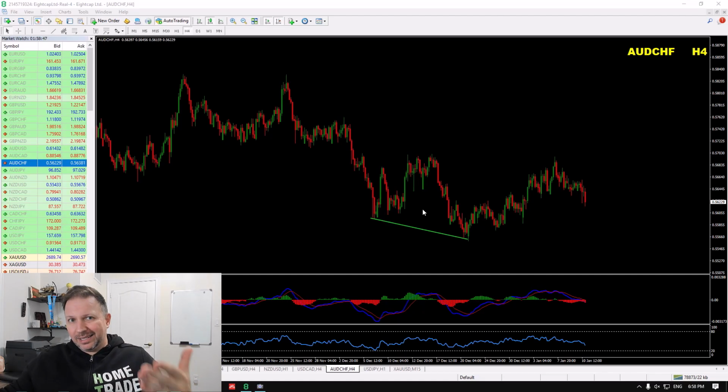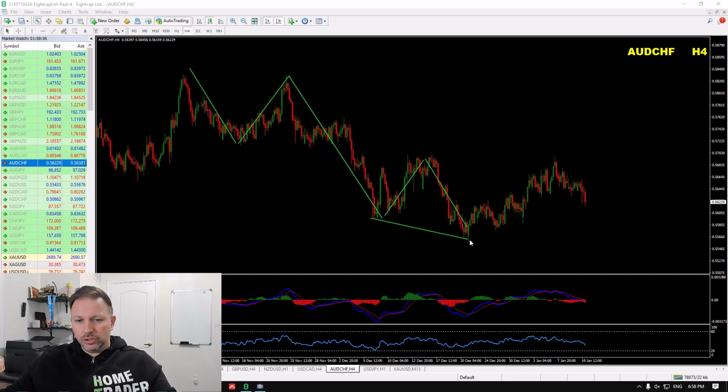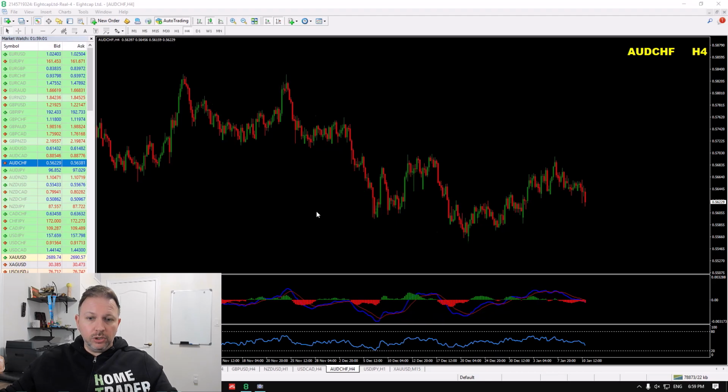This is the second step that happened on the 4-hour chart, and that's a bullish divergence. At the end of the bearish trend, we got the conditions of lower lows on the chart versus higher lows on the MACD. What you will want to happen next is the market to make the rally.